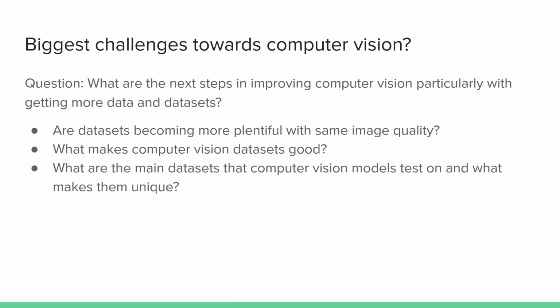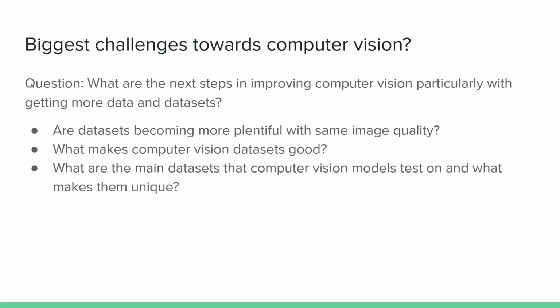Learning more about this topic has shown me that it has a lot of future research, and there is a lot that can be applied to it. So with the authors talking about there not being enough data when coming to their conclusion for their project, that's why I want to focus on what the next steps are in improving computer vision, particularly with getting more data and datasets.